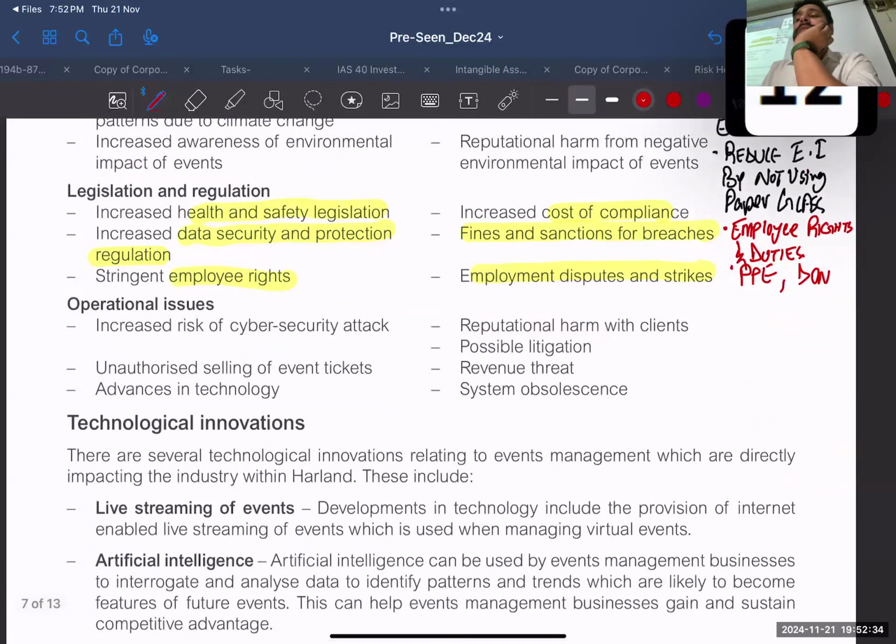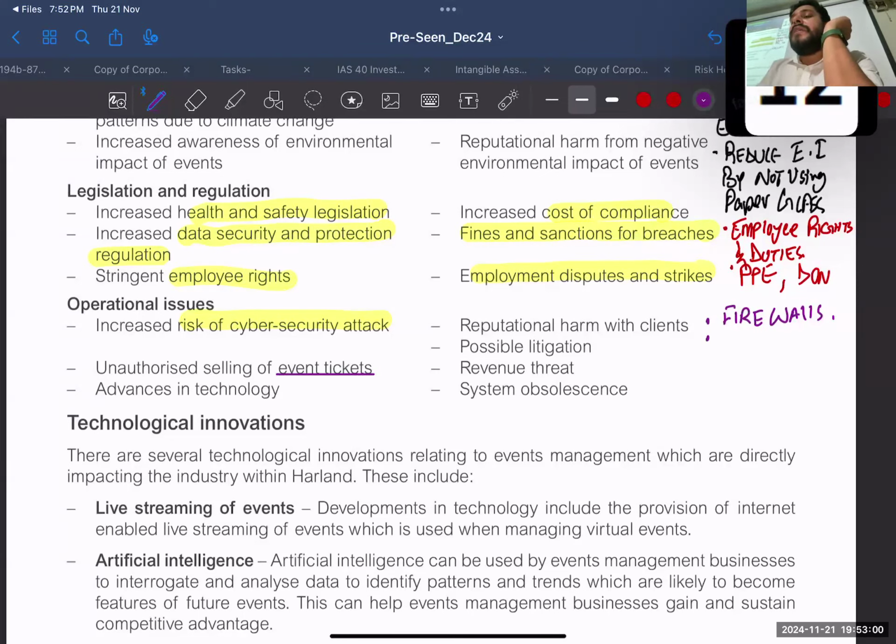Then we have the operational issues. It says increased risk of cybersecurity attacks. So I'm just getting an idea of a mitigating factor. Let me know. Firewalls, right? Then unauthorized selling of event tickets.